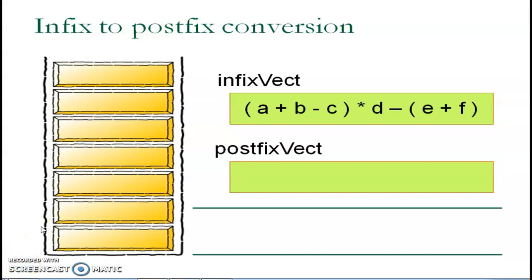If this situation happens in this conversion, that the higher precedence operator is on the top of the stack and a lower precedence operator is coming, we cannot place the lower precedence operator over the higher precedence operator. Then in that situation, we have to pop out all the higher precedence operators from the stack to the postfix expression, and only then can we push the lower precedence operator into the stack.